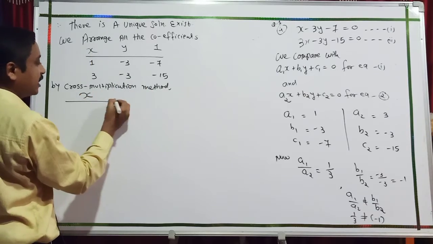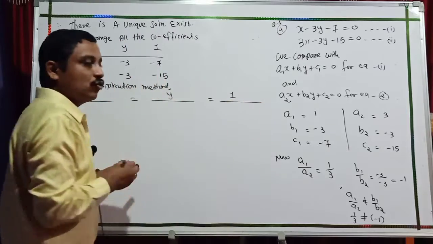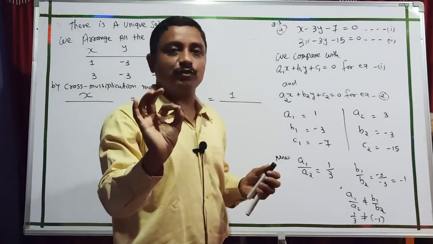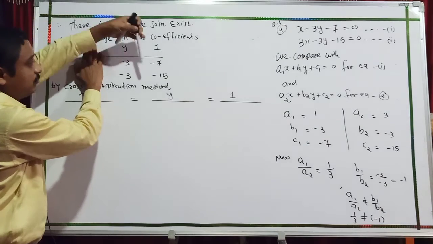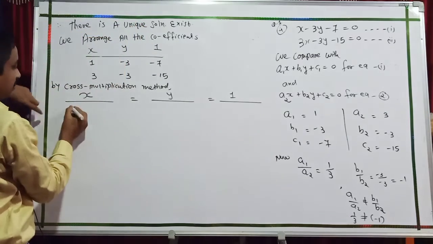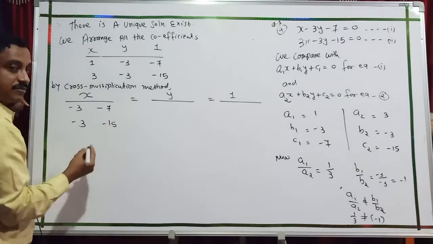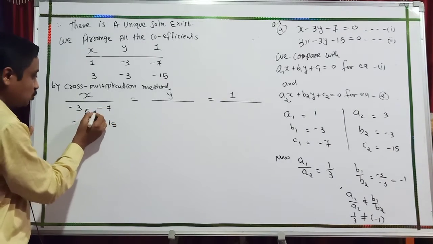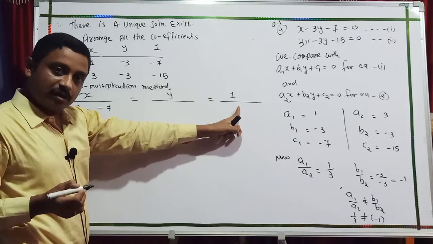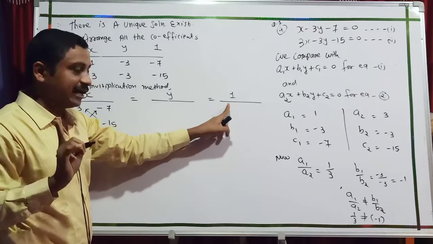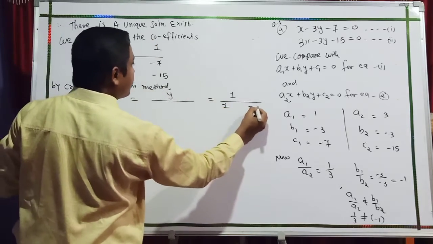Don't worry. Here x, here y and here 1. Whenever you write down the x value, this x you put up. And the remaining you put down here: minus 3, minus 3, minus 7, minus 15, and make these two arrows. After that, going here, first write down this one, same as here, 1, minus 3.